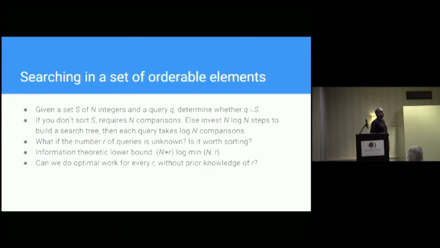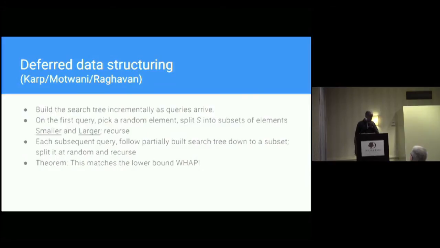So the open question, I guess, we didn't realize it was open when he gave it in the midterm, was can you do optimal work for every r without prior knowledge of r? Okay? And the answer was a piece of work. I'm going to describe sort of the prefix of it, and then it went on to a number of other cases and other problems.